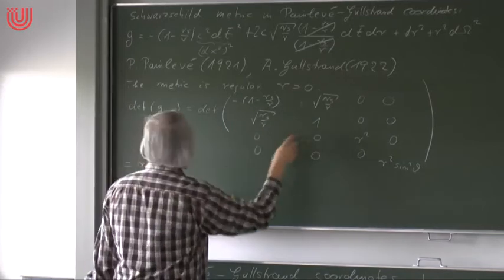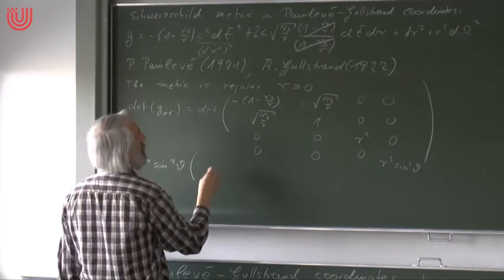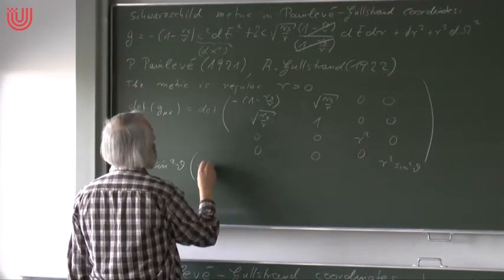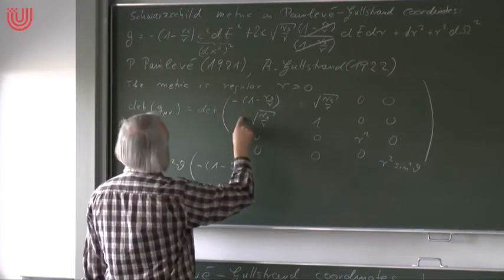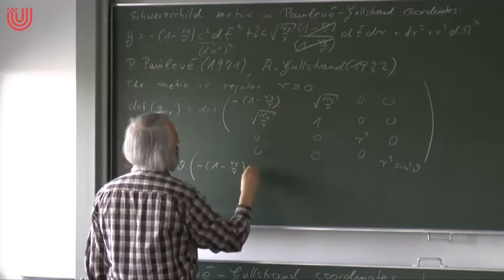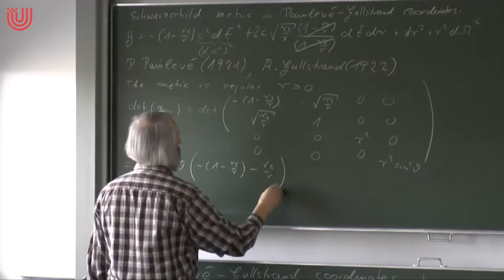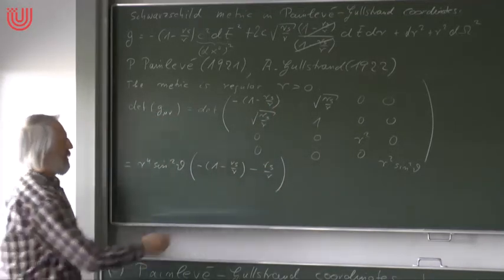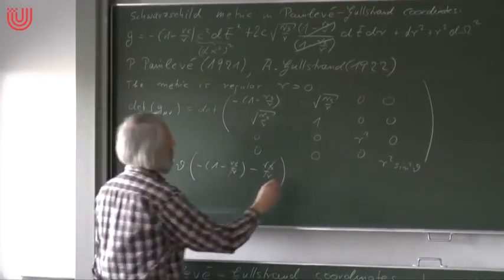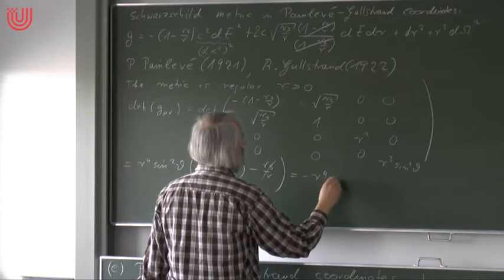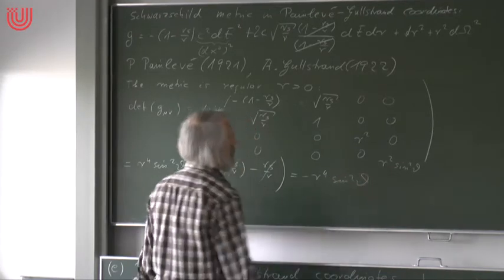Then I have to multiply this by a bracket: 1 times this is minus 1 minus rs over r, and then minus this times this gives minus rs over r. You see these two terms cancel, so this gives just a minus 1. And the whole thing is minus r to the 4 sine squared theta.